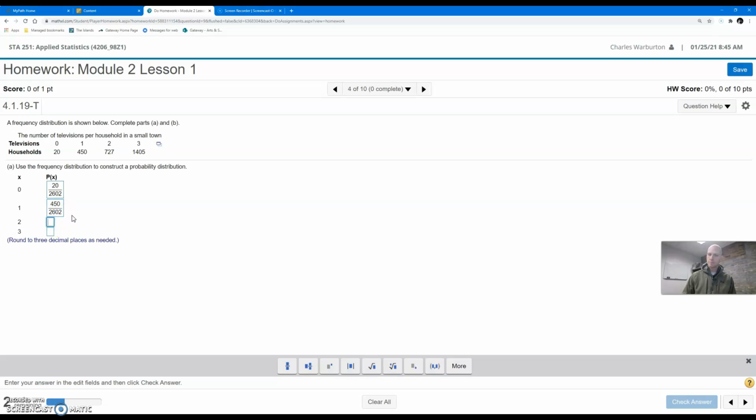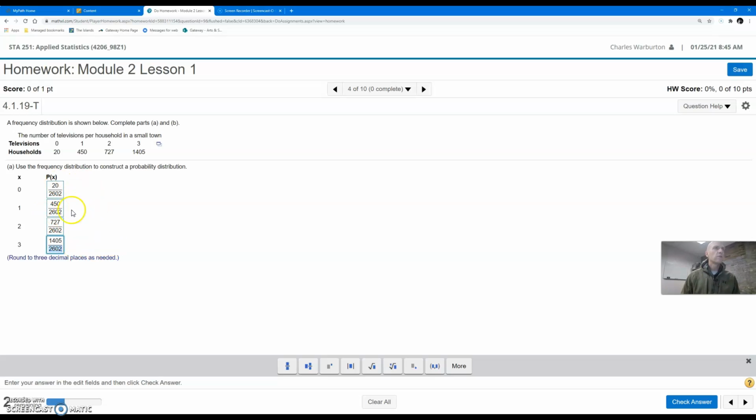Okay. So this gives us a probability distribution from a frequency distribution. All right, so that should do it.